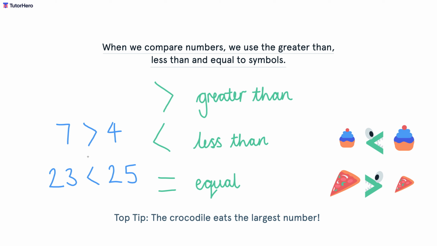As you can see in this case, the crocodile's mouth is facing the number 25 because this is the largest number. And finally, 8 and 8. Well, 8 and 8 are the same number. They are equal, so we're going to use our equal sign. 8 equals 8. Let's try some more examples together.